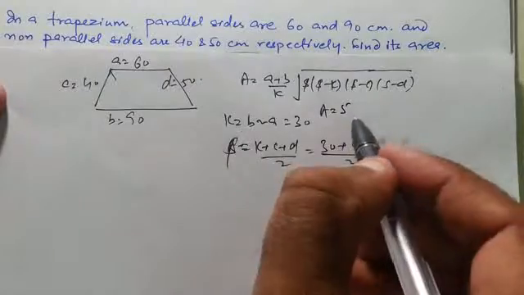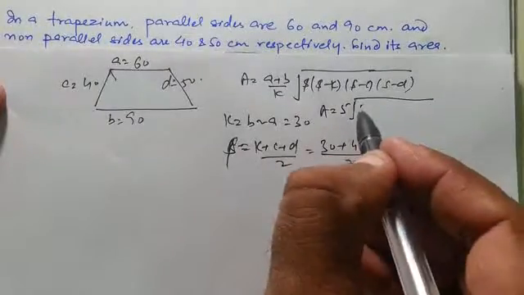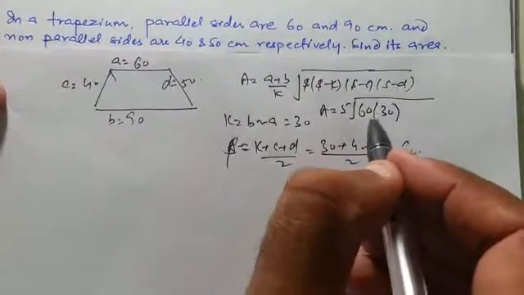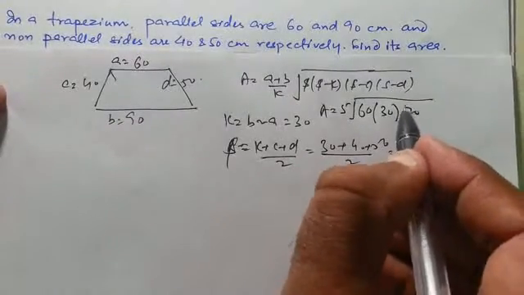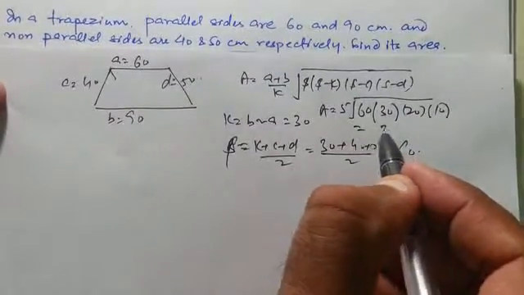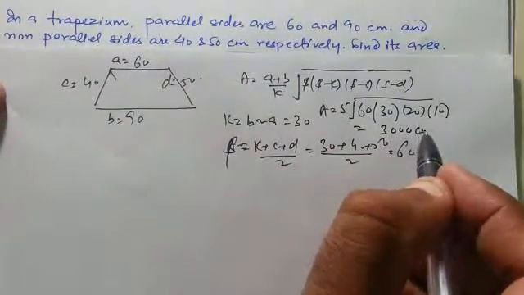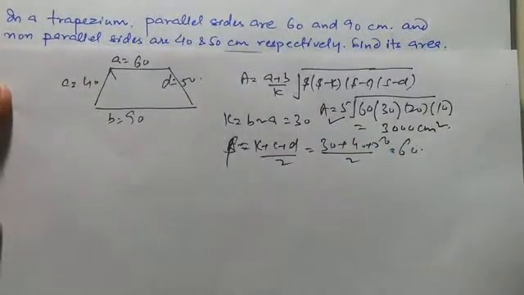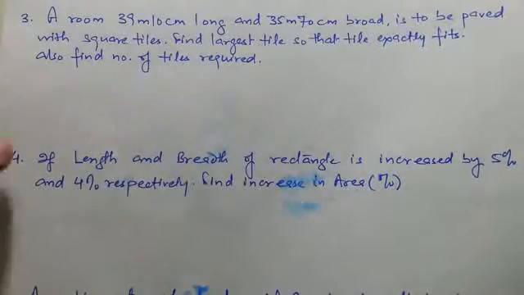So A is equal to 5 root, and then put 60 into 60 minus K, that is 30, into 60 minus C, that is 20, and 60 minus D, that is 10. So this value comes to be 3000 centimeters square. Right? That's simple. Okay.